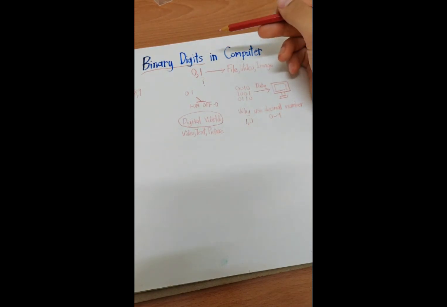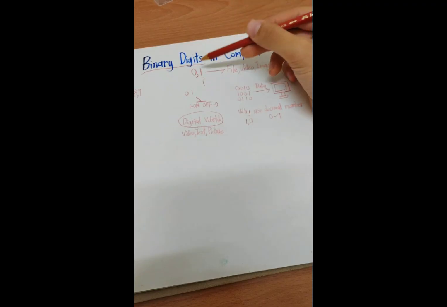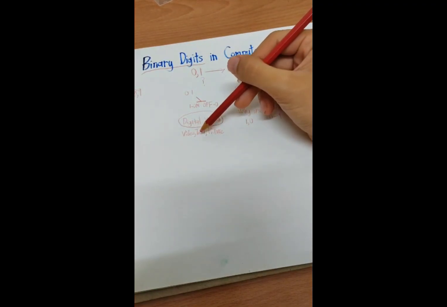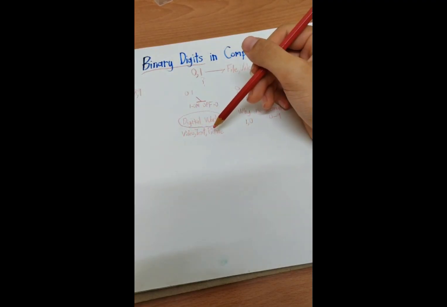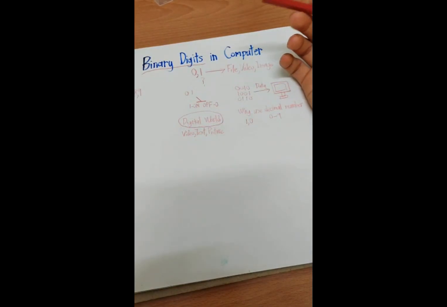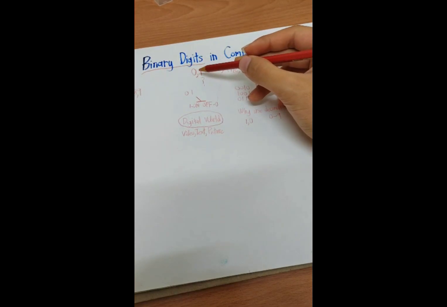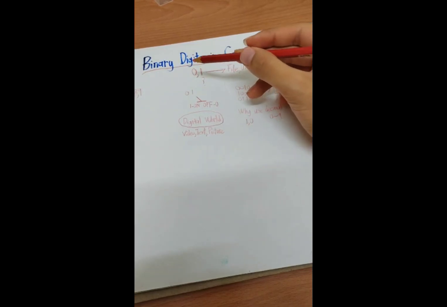So every piece of data, from numbers to letters, video, pictures or sounds, is ultimately translated into a series of 0s and 1s for the computer to understand and manipulate.